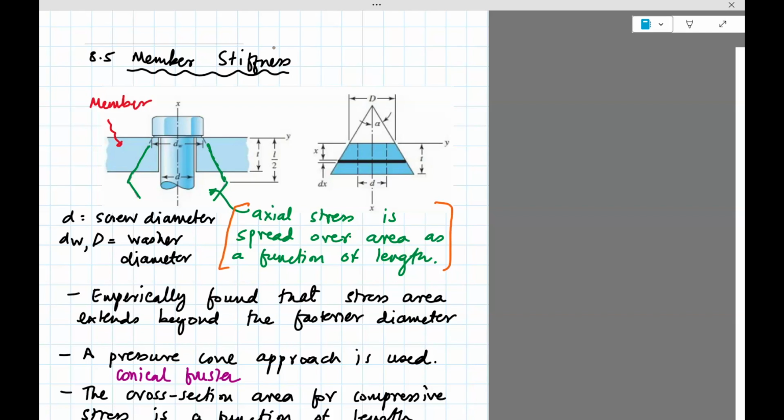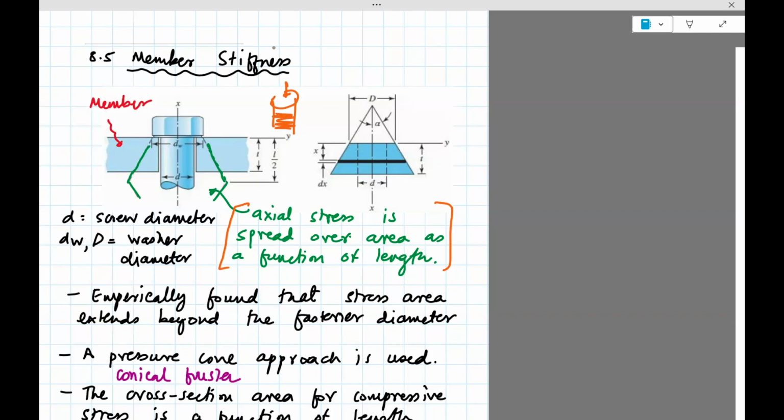That means that the stress can be approximated with this cone-shaped object, which means that usually when we take stresses in a cylinder, we assume that the stress is going to be over that area.